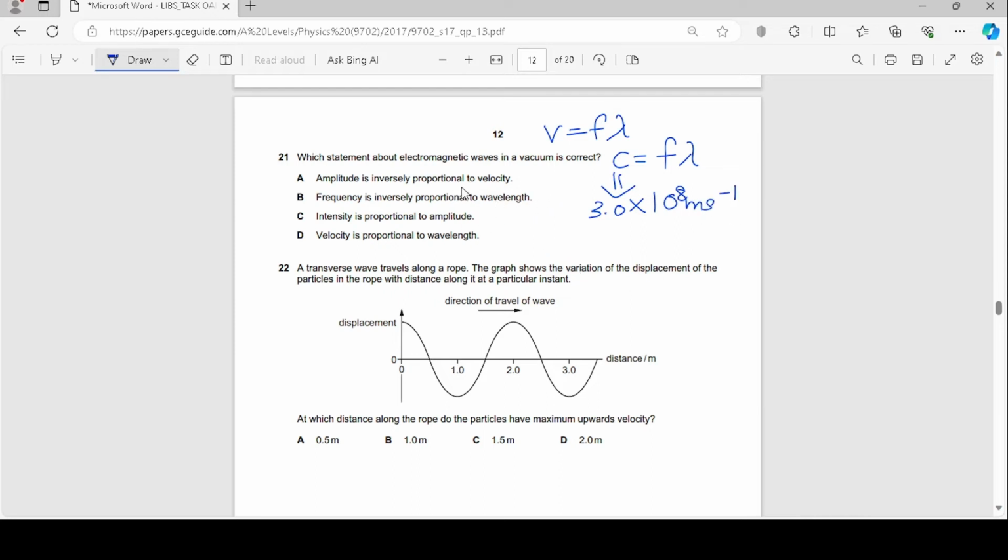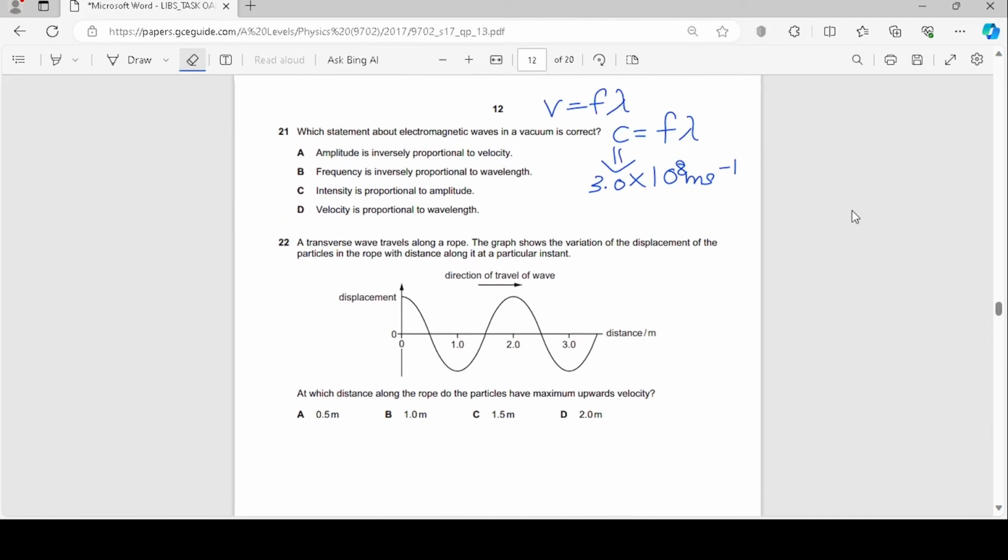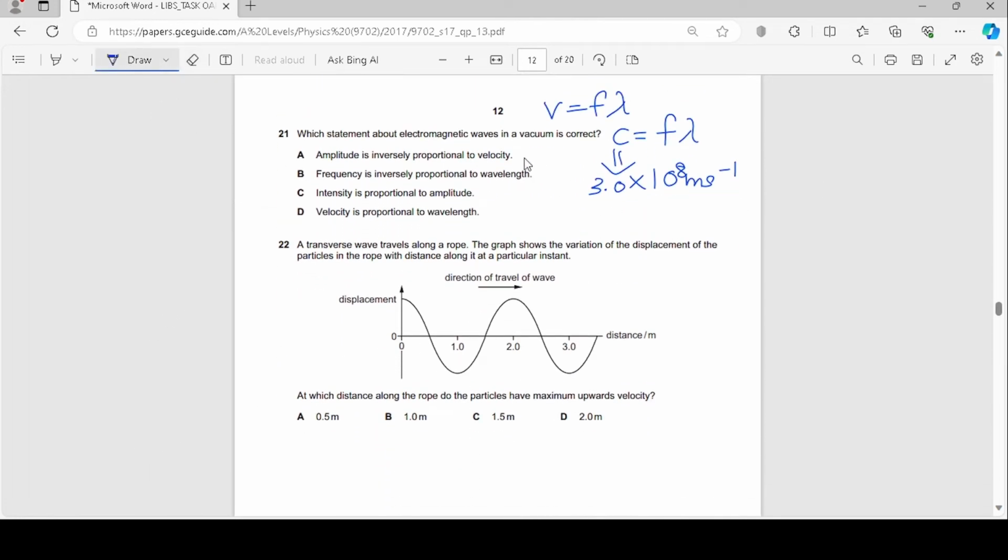So if you're assuming that they're talking about the wave velocity, as opposed to the particle velocity, because particles are obviously moving, but then the wave velocity will be 3.0 into 10 to the power of 8 meters per second, constant, and so we can cancel out option A for that reason, and option D, because again, velocity is proportional to wavelength.